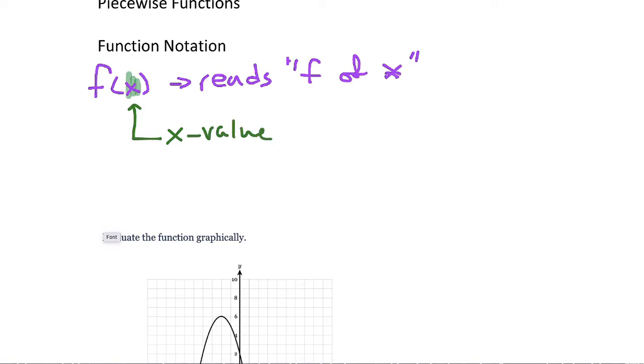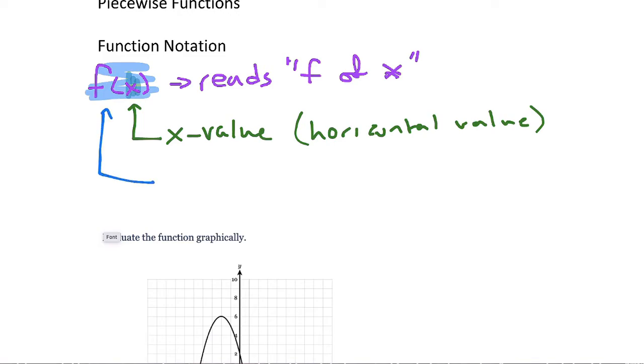That's the x value, so that's the horizontal value. If you look at the whole thing together, not the green part, but the whole thing, that whole thing together is the y value, or the vertical value.